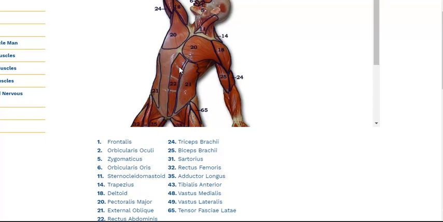And your abs are actually known as the rectus abdominis. 21, external oblique. So they're to the outside of the abs, or rectus abdominis, if you want to say it correctly.